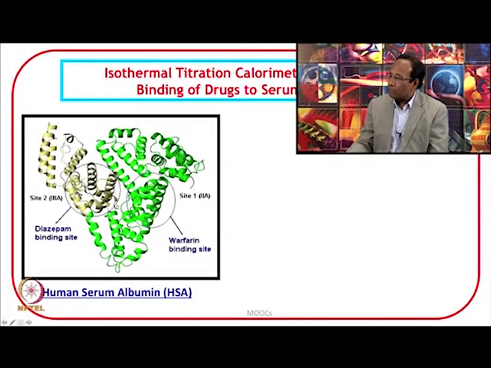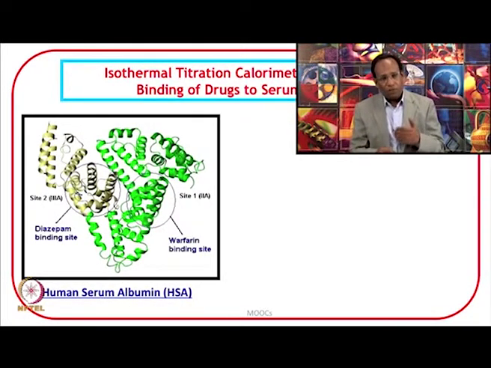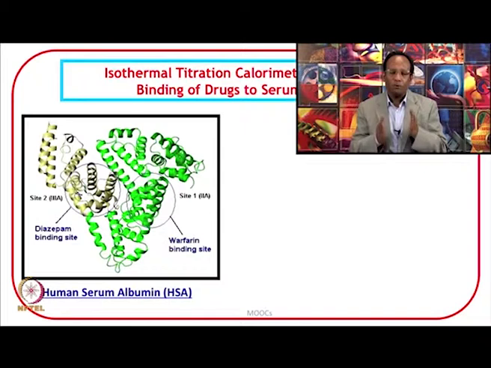Two sites have been identified, site 1 which is the warfarin binding site and site 2 which is the diazepam binding site, which are the major binding sites for a variety of ligands on this protein. Fatty acids can also bind very easily to this protein. Now, in view of the structure of serum albumin, as we just discussed, a variety of molecules can bind to it, and therefore this is a good drug transport protein in the living systems, in a human system.